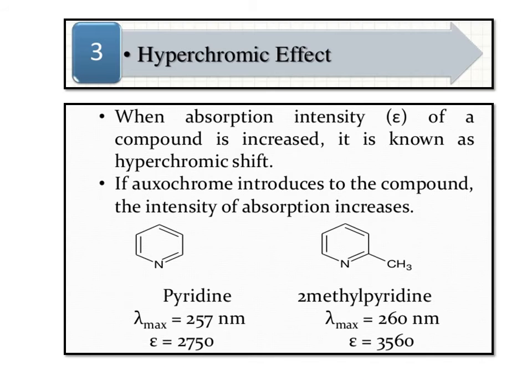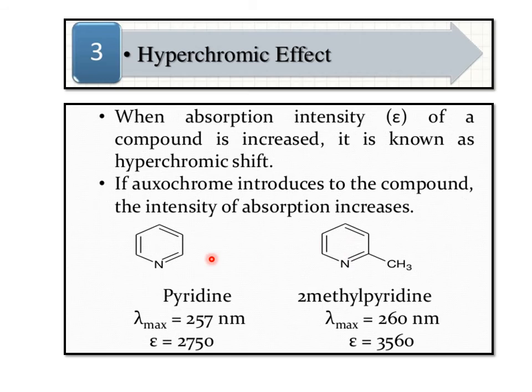Next, we are going to see the hyperchromic effect. When the absorption intensity of a compound is increased, it is known as hyperchromic shift. I am taking an example, pyridine. If you run pyridine in UV spec, you will get a value of 257 nanometer.